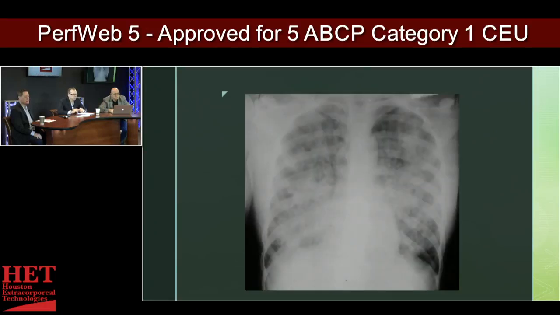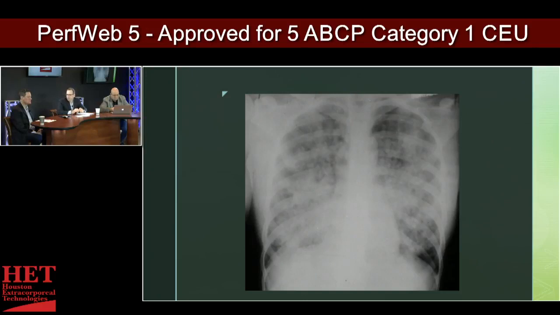This is another representation of kind of what we just talked about, and it can show the heterogeneity of ARDS. And ARDS can begin in one side or one lobe and progress based upon the physiology and the anatomy of the patient, but it is a diffuse process generally. And so sometimes people could look at these x-rays and say, oh my gosh, this patient is in fulminant heart failure.